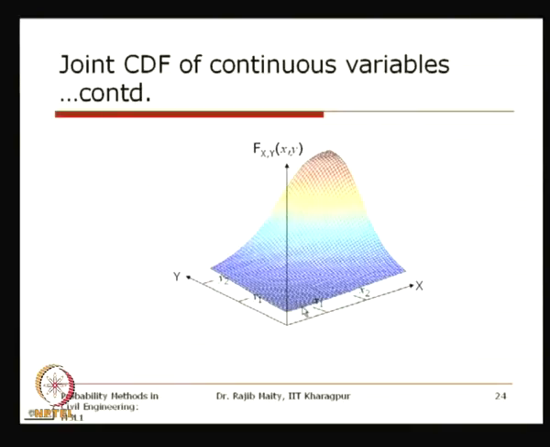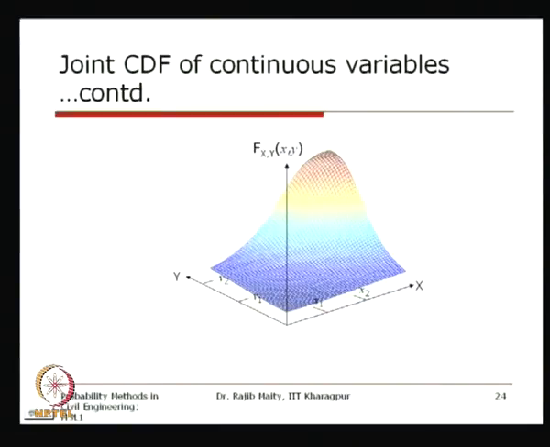We are just adding up the values, so this surface will be non-decreasing. As I told you a few minutes back, for the combinations x1, y1 and x2, y2, if x2 is greater than x1 and y2 is greater than y1, then the cumulative distribution function will be larger at x2, y2 than at x1, y1, which is reflected in this surface.